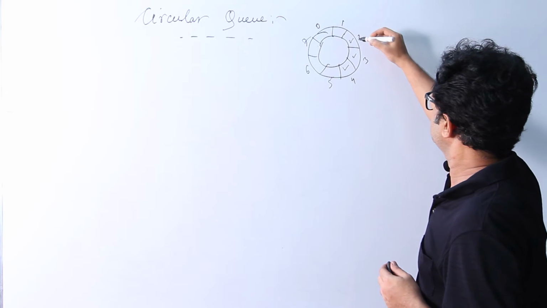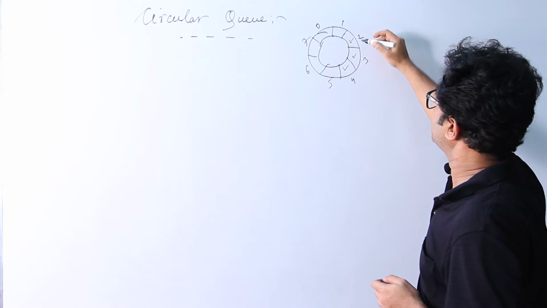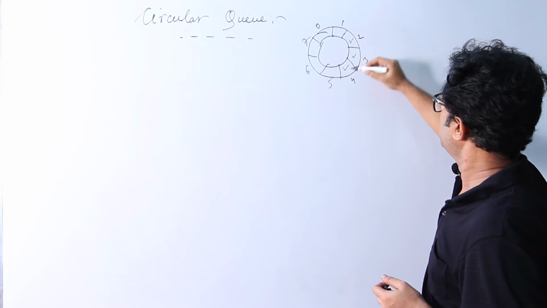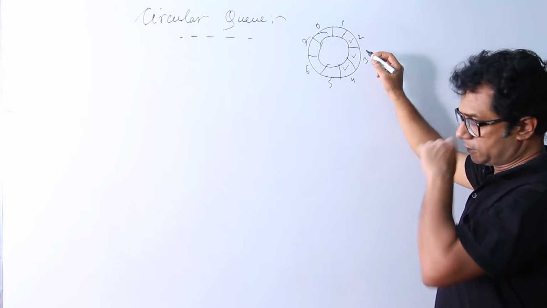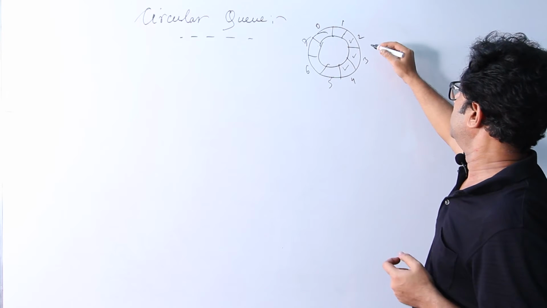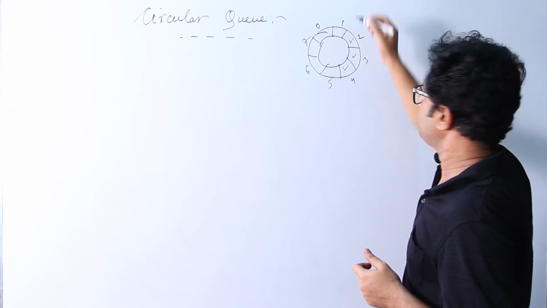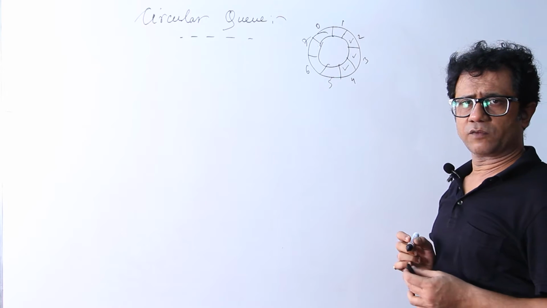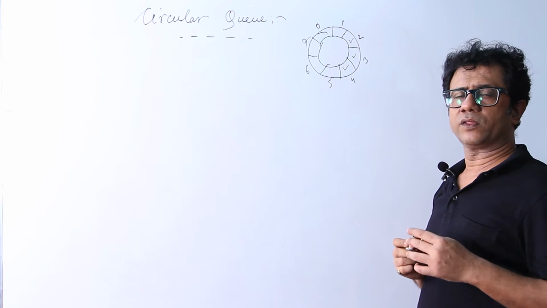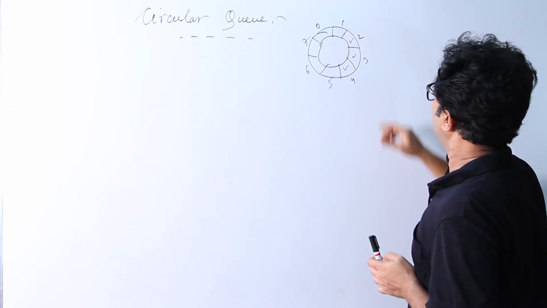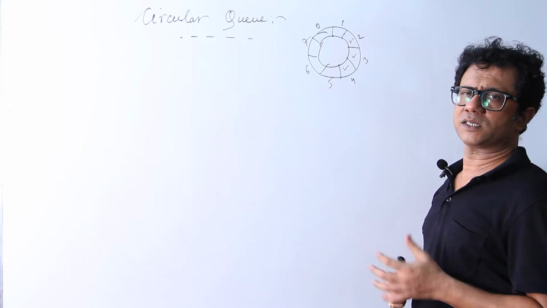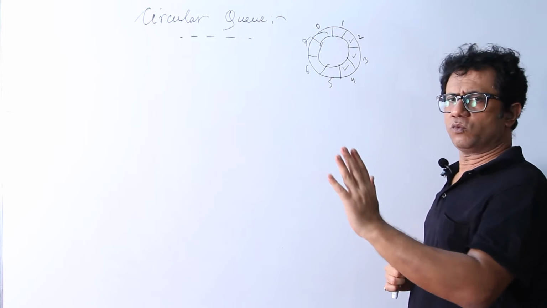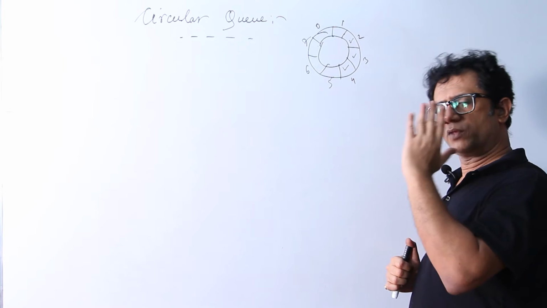Suppose the length of the queue is 3, that is, it starts from 2, and 3, and 4. So the length is easily understood to be 3. In this case, the front will always be 1 less than the index of the beginning of the queue, as we have maintained in the previous videos.